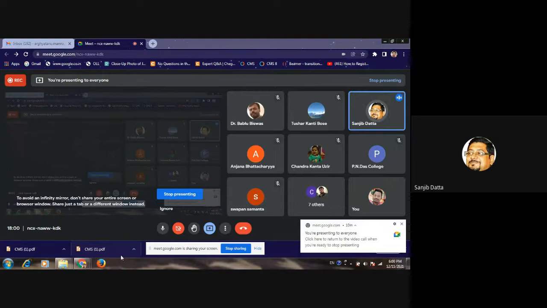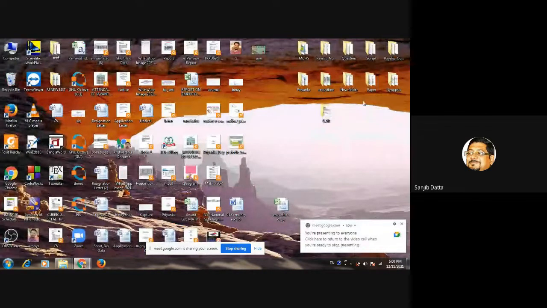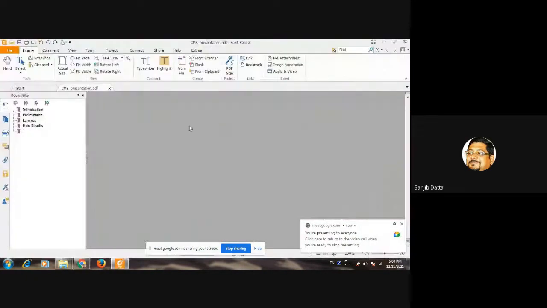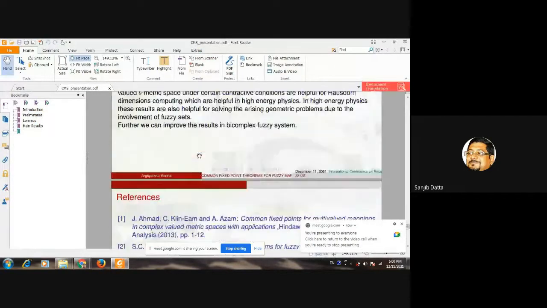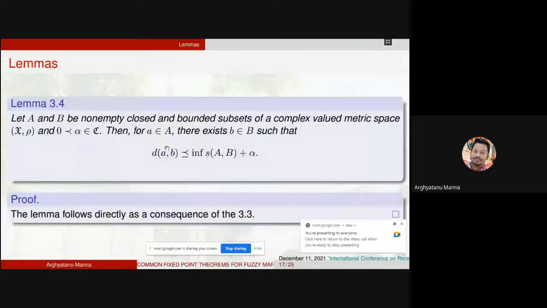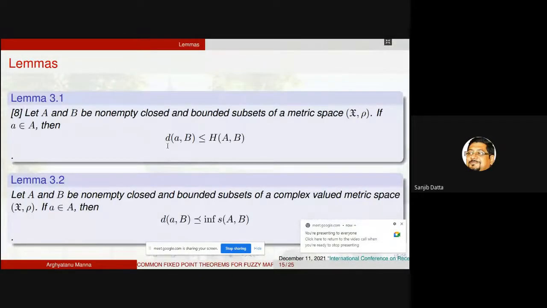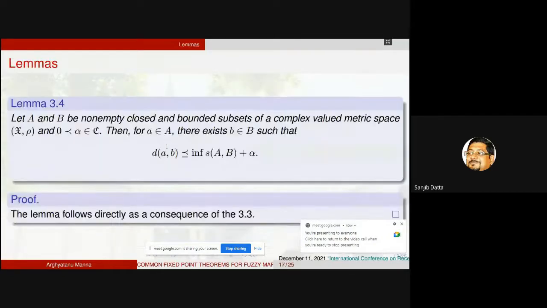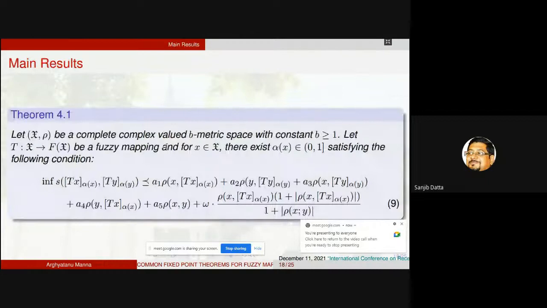So bring your slides. Just the theorem section. Okay. What does this notation stand for?